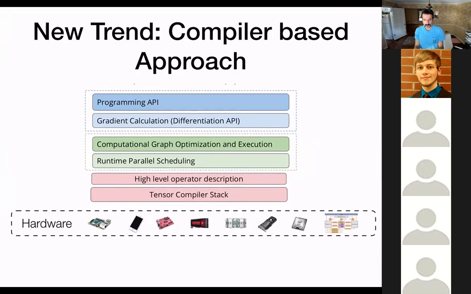So the plan, now we got an idea of how the whole machine learning stack looks like. We now know why at least we need this stack, and what opportunities it provides.